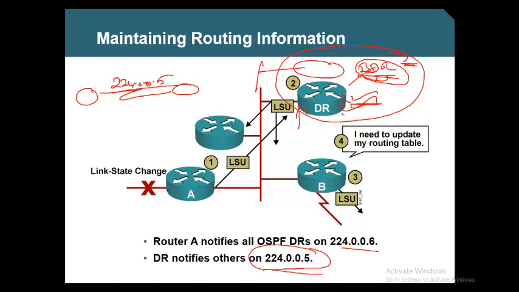You can use that same 224.0.0.6. When the DR changes, you don't need to worry about what address to send. It's the same address you're going to send, and whichever router is the DR now will respond to you. Did I answer your question? Yes, sir. All right.